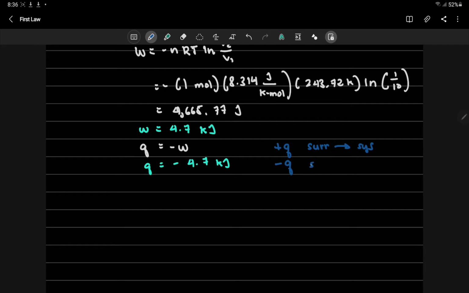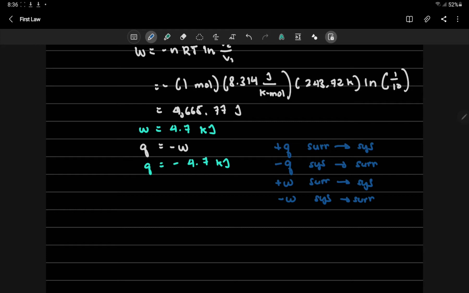Yung system, nag-i-evolve siya ng heat into the surrounding. Positive work means yung ating surrounding ang nag-i-input ng work to the system. And negative work, ibig sabihin yung system yung nagbibigay ng work sa surrounding. So this will be our sign convention.